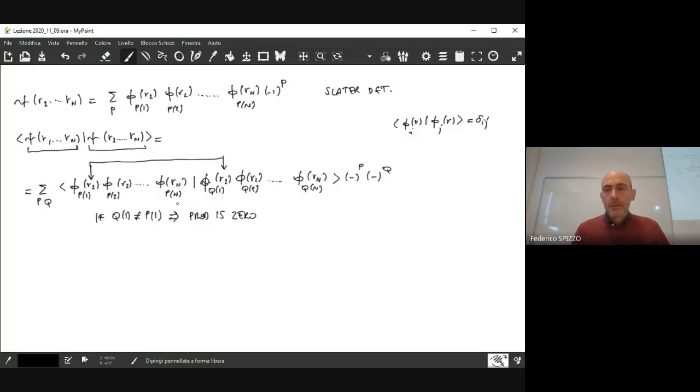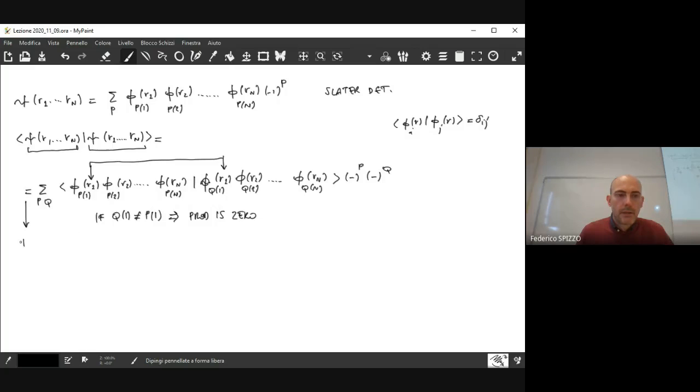So the only possibility to have that this is different from 0 is to require that P1 is equal to Q1. The same thing may be applied to Q2, Q3, Q4, and so on up to Qn.